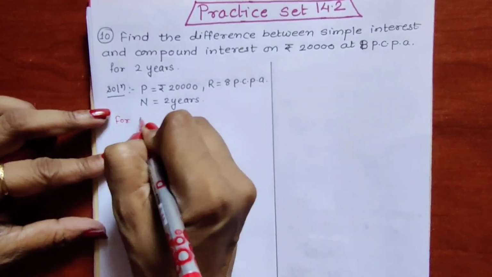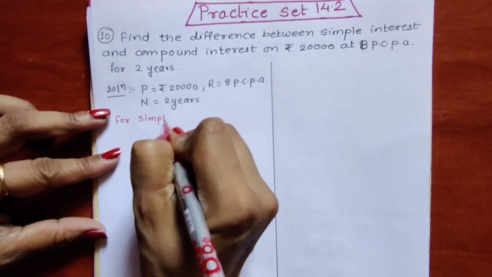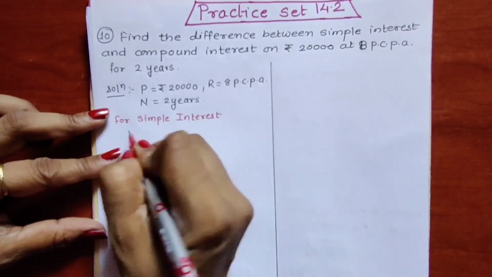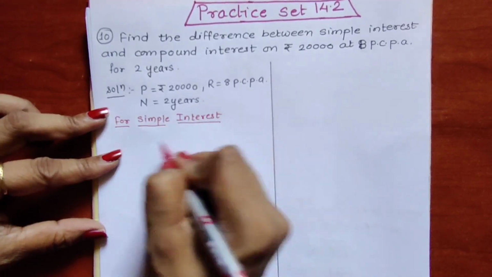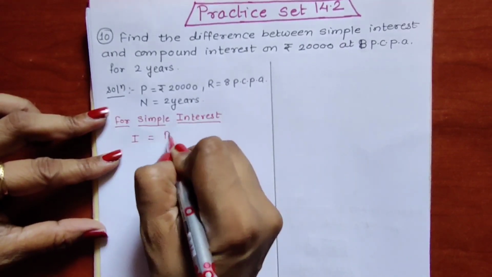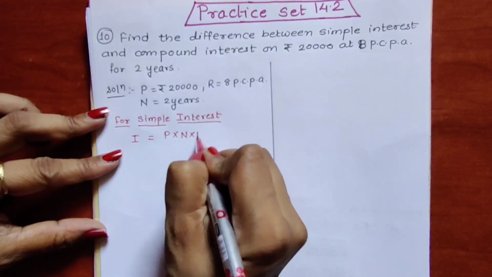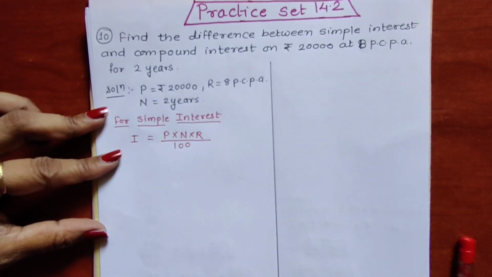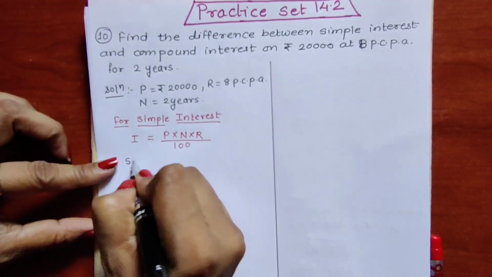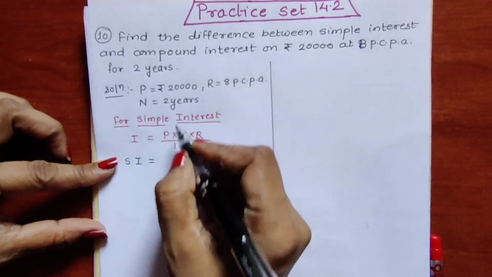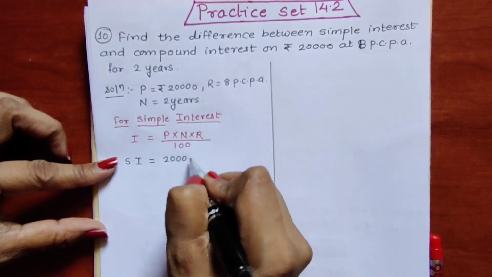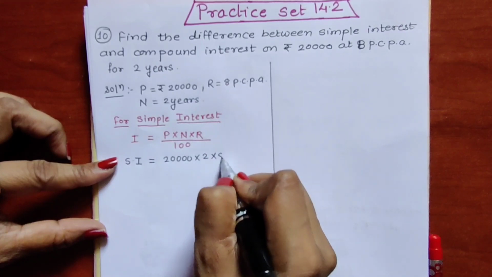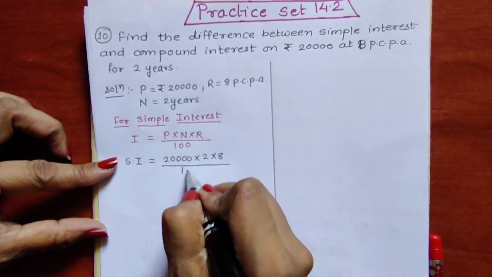So for simple interest, first we will apply the formula of simple interest. We all know formula is I is equal to P into N into R upon 100, and therefore instead of I we will be writing simple interest is equal to P value is 20,000 multiply by N is 2 years, R is 8 PCPA upon 100.